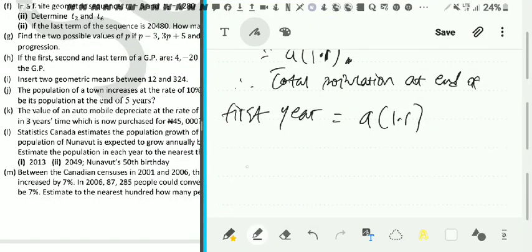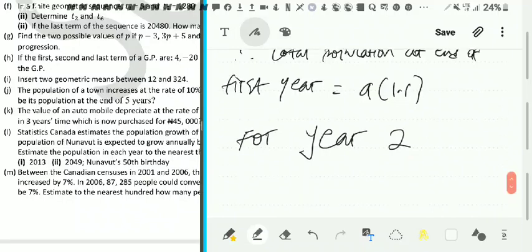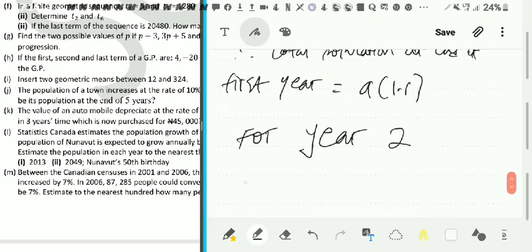Now let's solve for the second year. For year 2, we need to know what we are starting with at the beginning of the year.